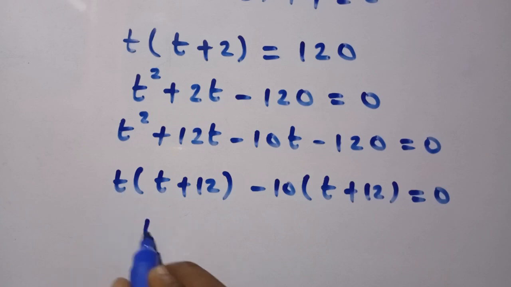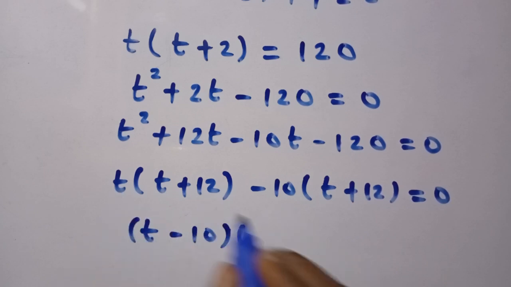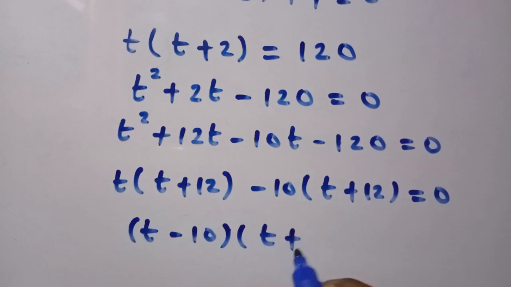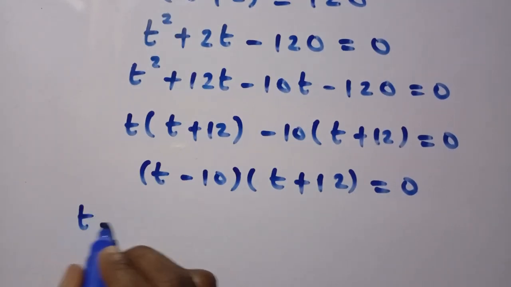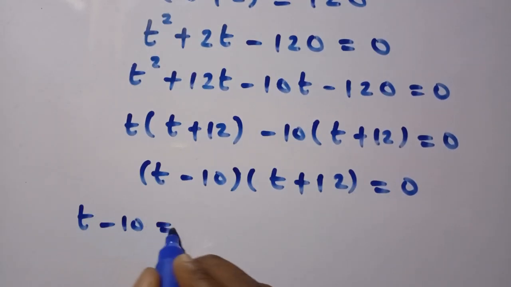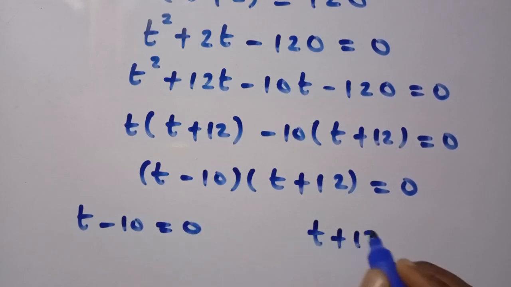So we just take t minus 10, then multiply by t plus 12. This equals 0. And by this, we are going to let t minus 10 equals 0, and we also let t plus 12 equals 0.